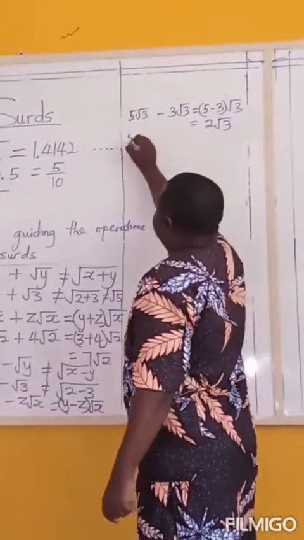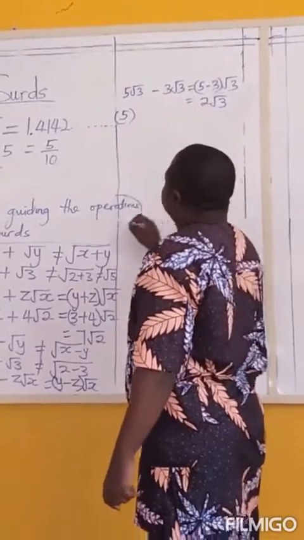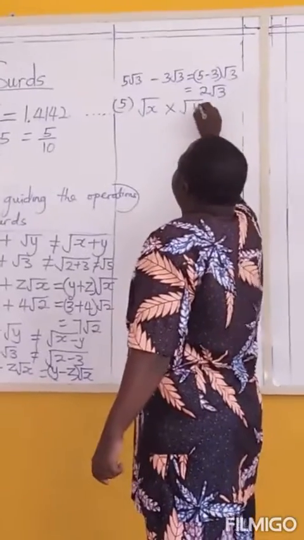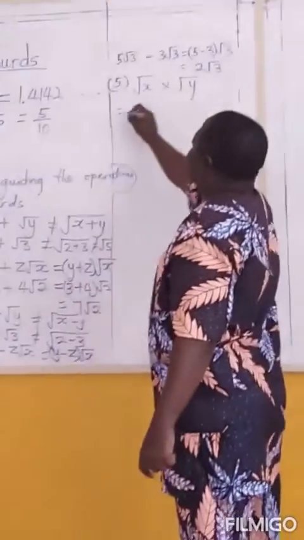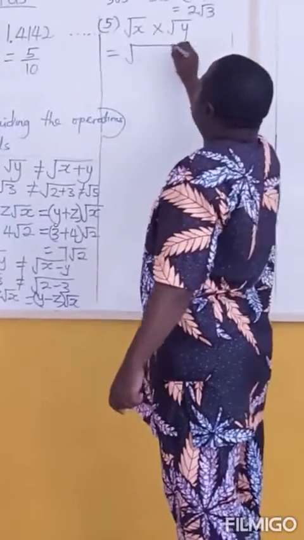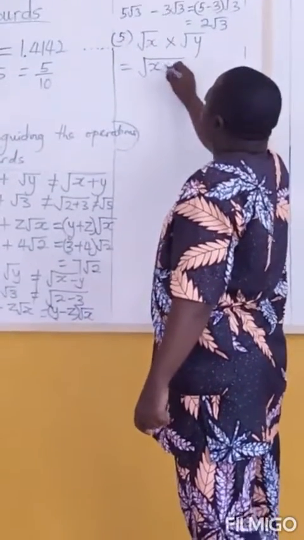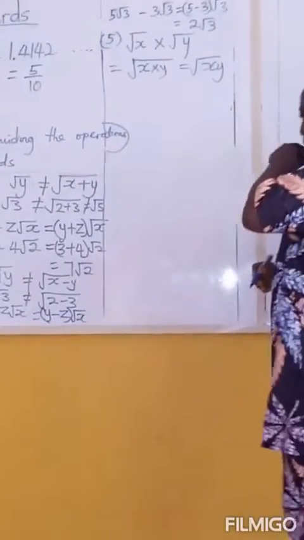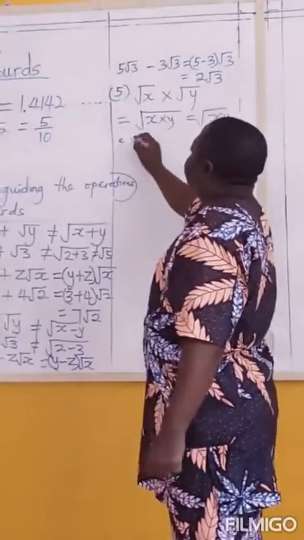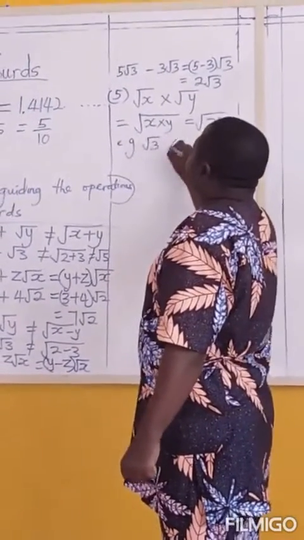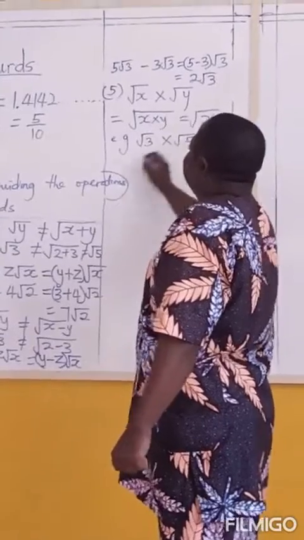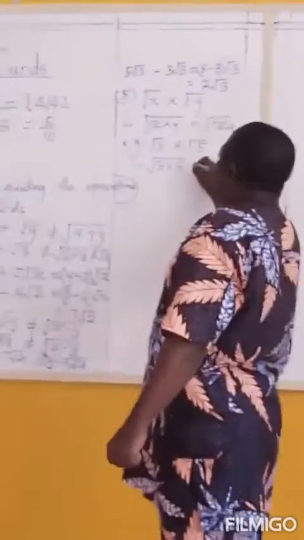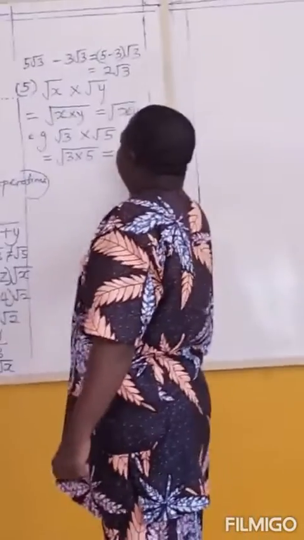Another rule states this under multiplication. If you have root x times root y, the rule states that we can multiply the two. So it is equal to root x times y, and that is root xy. For instance, root 3 times root 5 is the same thing as root 3 times 5, and that is equal to root 15.